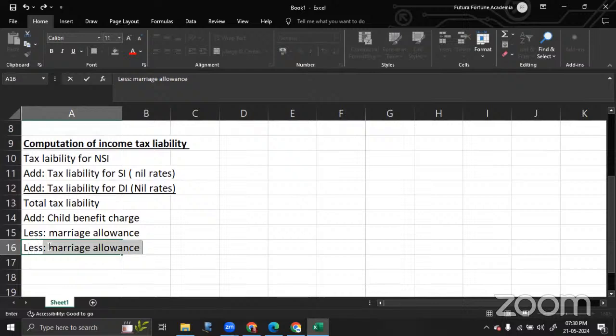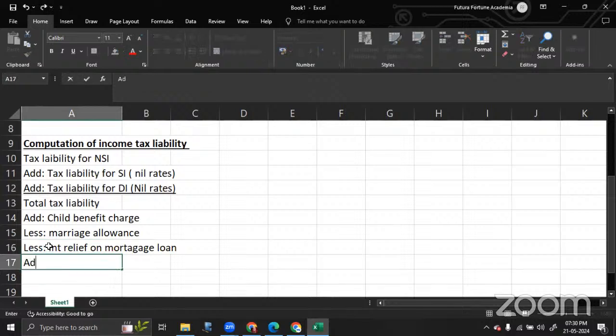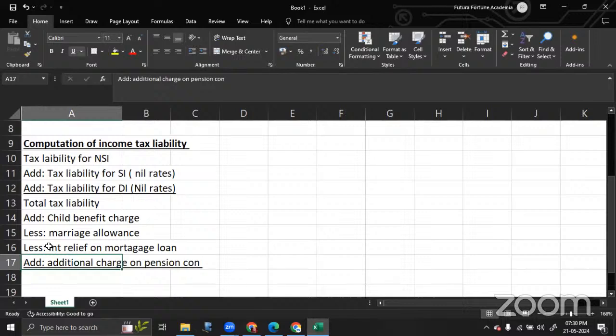And then there is an interest relief on mortgage loan, which we'll discuss in property income. And you have to add additional charge on pension contribution, which I'll tell you during the pension chapter revision.